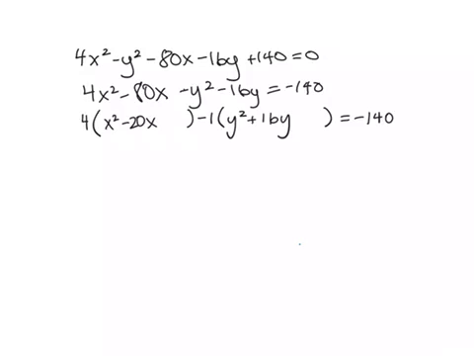So now to fill in this value, b over 2 squared, so negative 20 over 2 squared gives you negative 10 squared, which gives you 100. So we're going to add 100 here. But remember that when you add that to the other side, you have to think about what that would be in standard form.